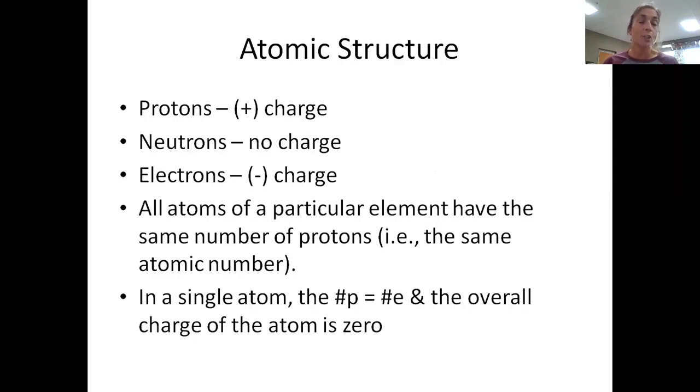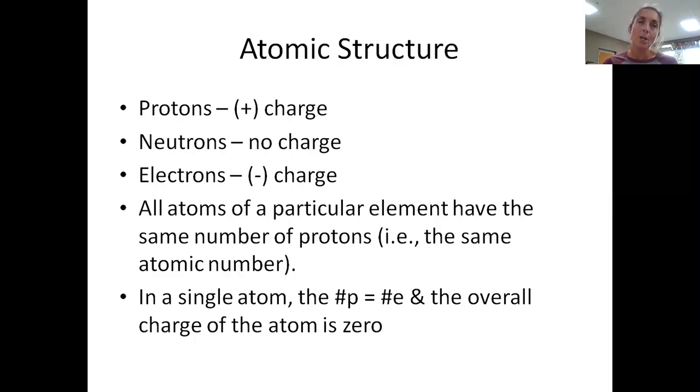So in other words, hydrogen has an atomic number of 1, which means hydrogen has 1 proton in its nucleus. And all atoms of hydrogen have only 1 proton in their nucleus. And only hydrogen atoms have only 1 proton in their nucleus.